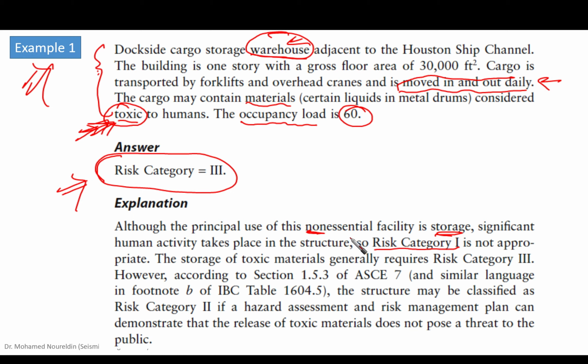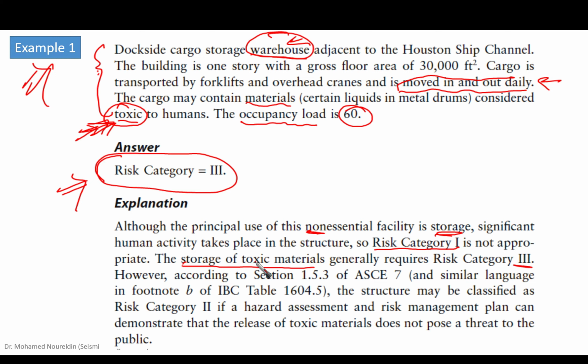In our case it is not, because there is human activity there. There are some people there, right? And the storage of toxic materials generally requires risk category 3. Do you remember that? We said that storage of toxic materials needs risk category 3, and this is true.